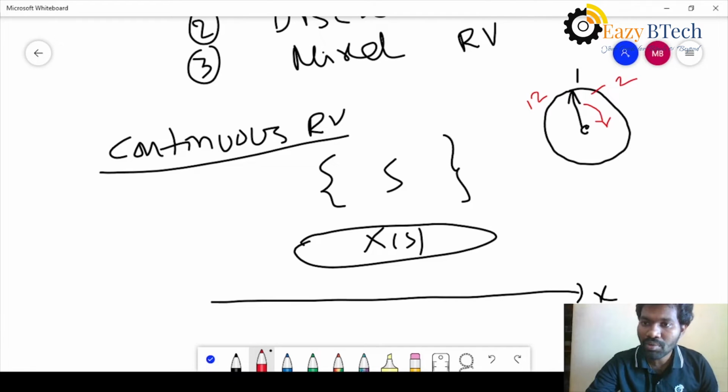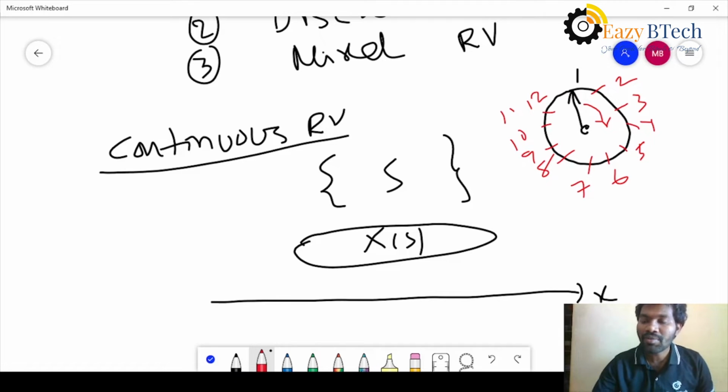Here it is 2, 3, 4, 5, 6, 7, 8, 9, 10, 11. Now see, this needle moves slowly, but does not move directly from 1 to 2. That means there is a chance of getting infinitely many values between 1 and 2, because this needle is not discrete, it is continuously moving.